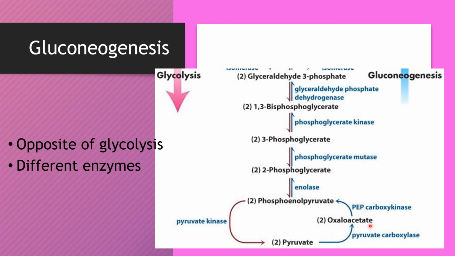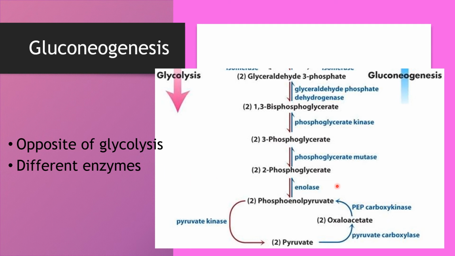So these two enzymes here do the job to take this pyruvate and get it back up this way. But if you notice over here on glycolysis, your pyruvate kinase is what's used to go from this major molecule to those pyruvates. They're not the same, and that's what I meant by using those different enzymes.